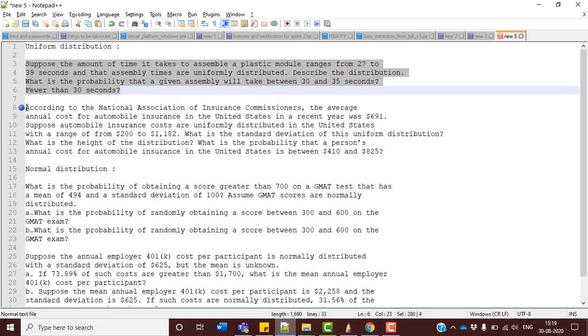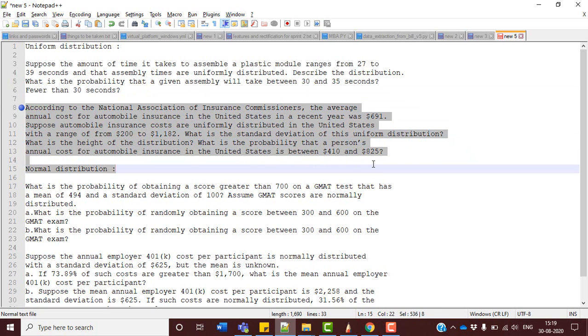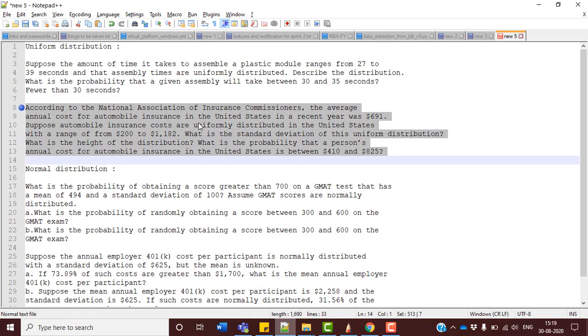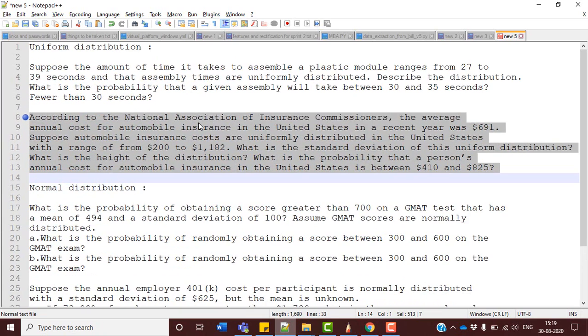Similarly, question number 2. According to the National Association of Insurance Commissioners, the average annual cost for automobile insurance in the United States in a recent year was $691. Okay, suppose automobile insurance costs are uniformly distributed in the United States with a range from 200 to 1182.